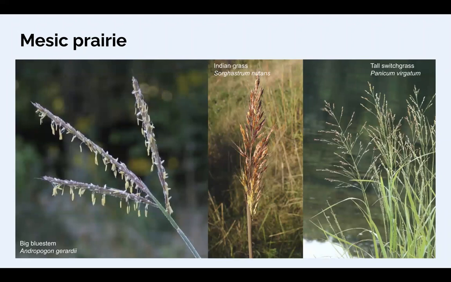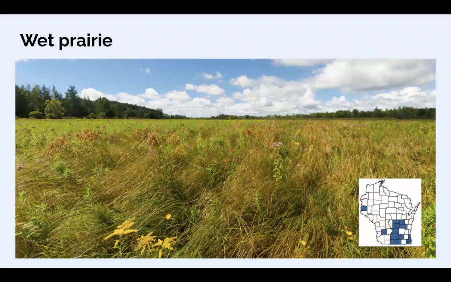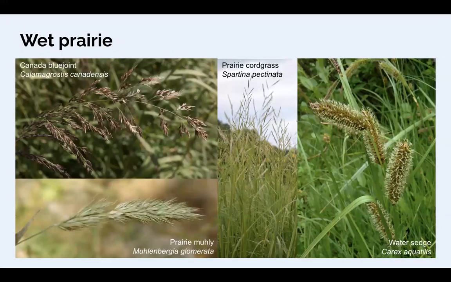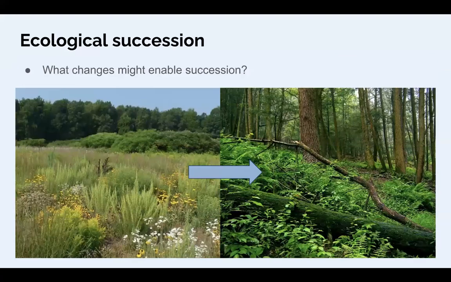If you know them, you might already be picturing a mesic prairie habitat. Or if you're not familiar with these grass species, they might be some that you run into a little bit more than other grass species, depending on what habitat you're visiting. And then wet prairie shifts over a little bit more to favoring maybe a sedge habitat, but also a few of these grasses in here. So I just mentioned a few with their names.